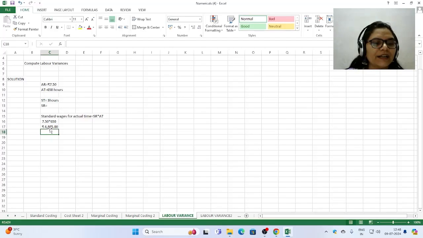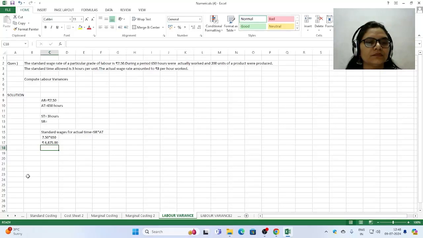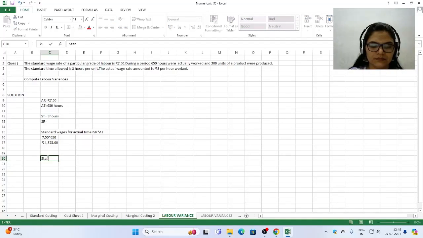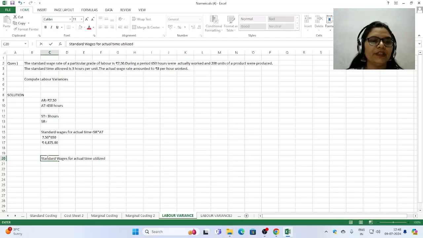Next is standard wages for actual time utilized. See, if you are having any confusion while solving the questions, not a problem. First, I will solve it and I will revise it again for your convenience. Standard wages for actual time utilized is equal to standard rate into actual time utilized.